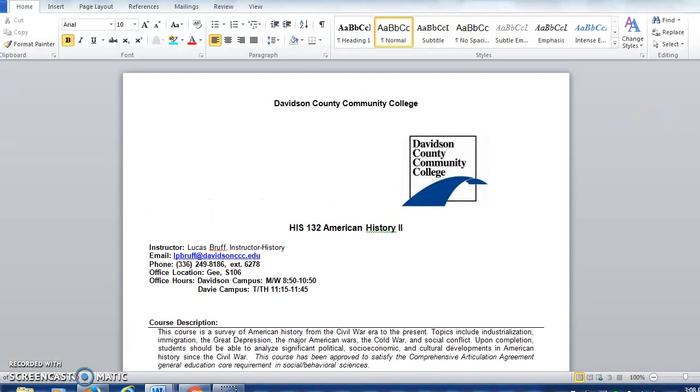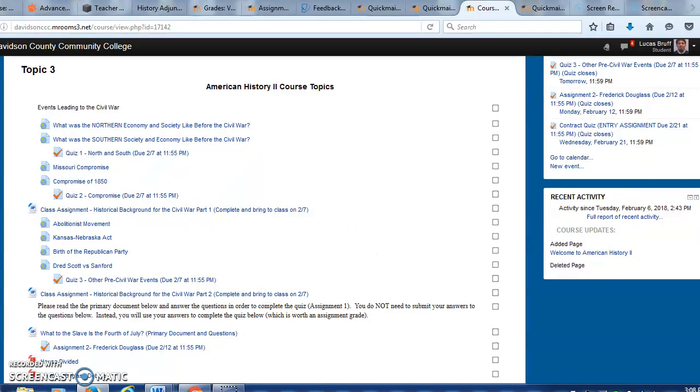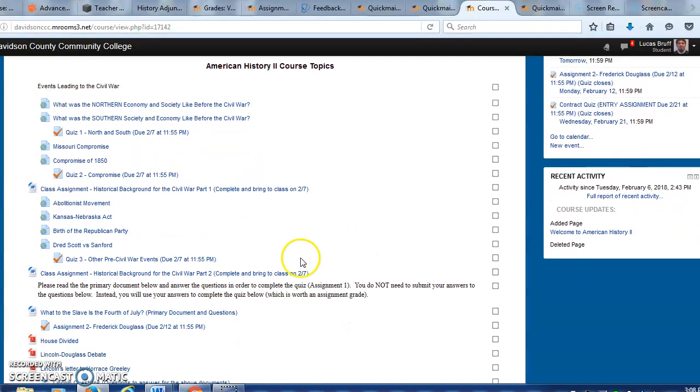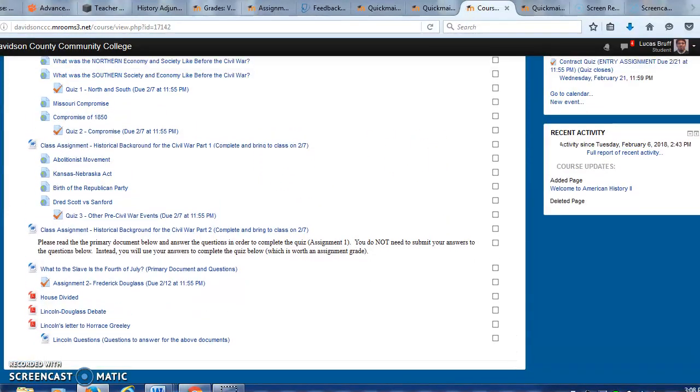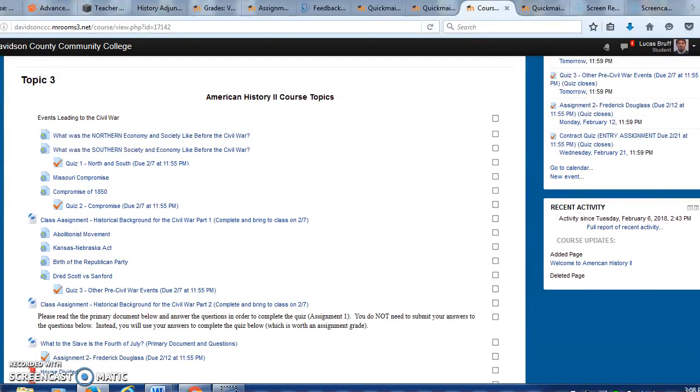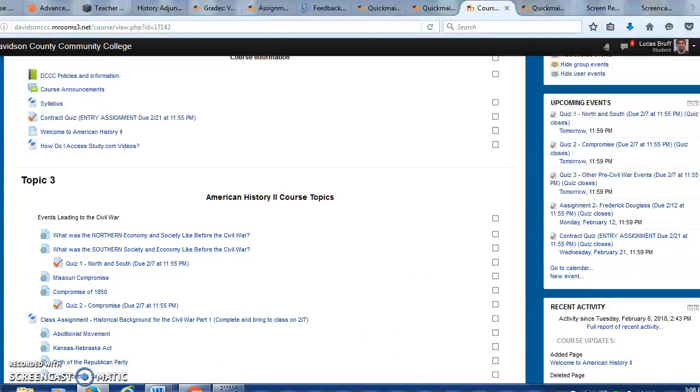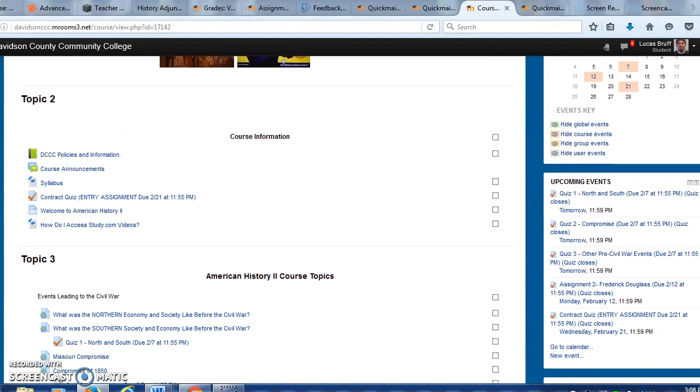And here is the course, all the information in the course. For next class, make sure that you complete the class assignment, Historical Background for the Civil War Part 1 and Part 2. And make sure you bring your questions and answers to class. I'll check those off at the very beginning of class. So make sure that you bring those items with you to class on Wednesday.